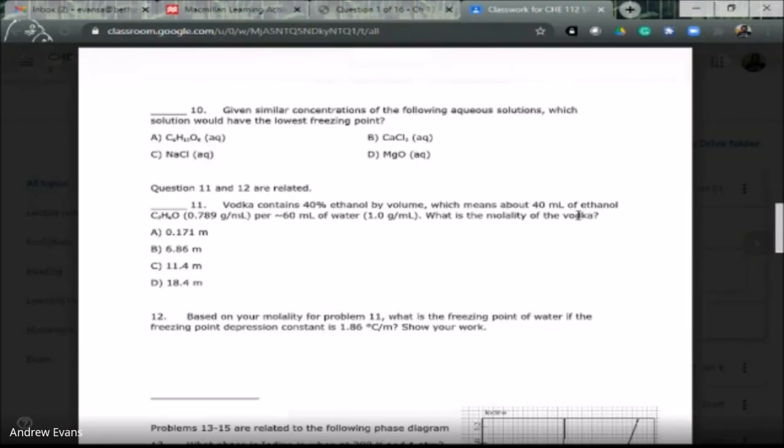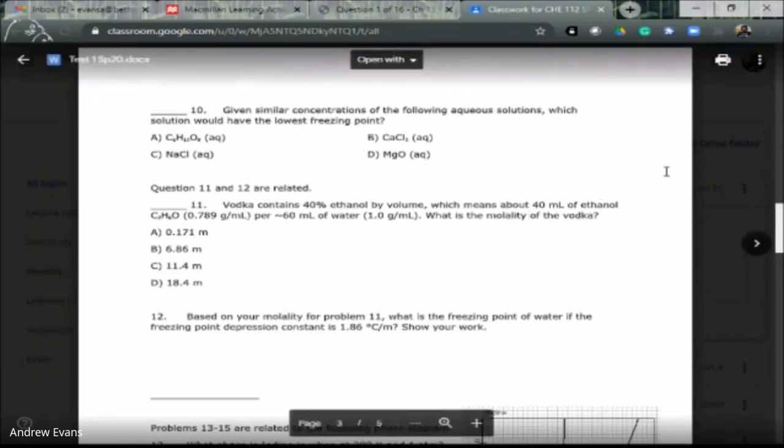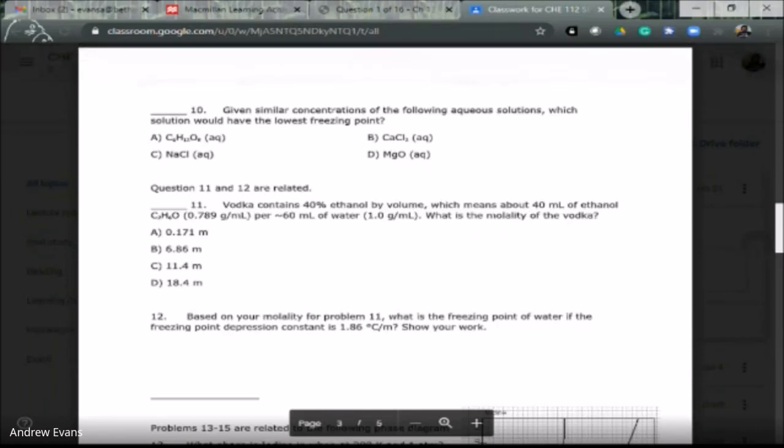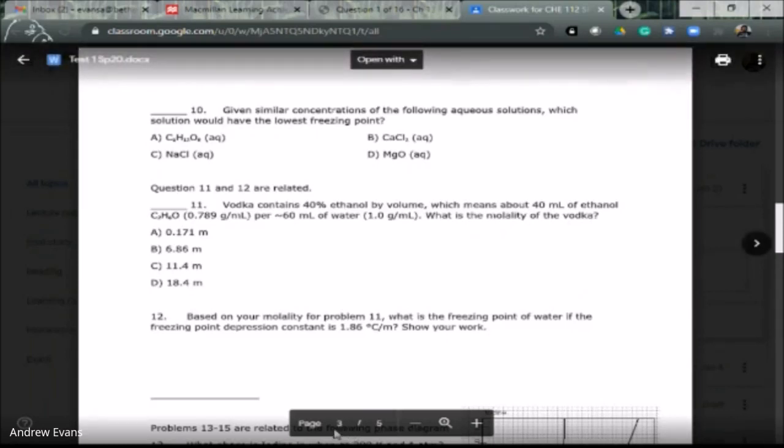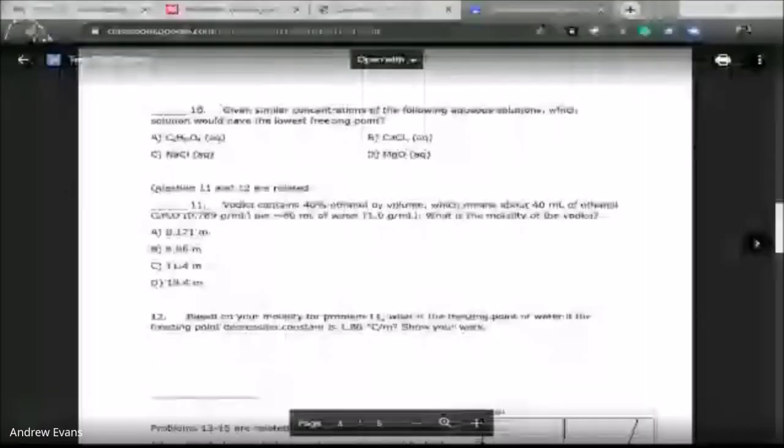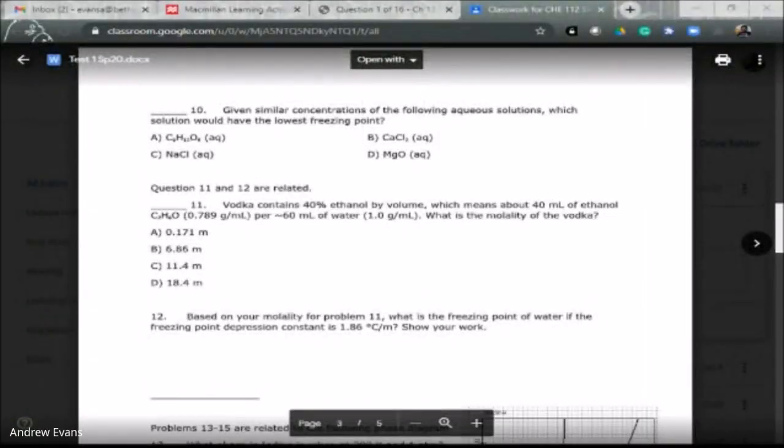And based on your molality from that problem, what is the freezing point of water if the freezing point depression constant is 1.86 for water? So in this case, I'm going to pull up my document cam and we'll work this out. There's a problem just like this on the test. Just like this, but not quite.